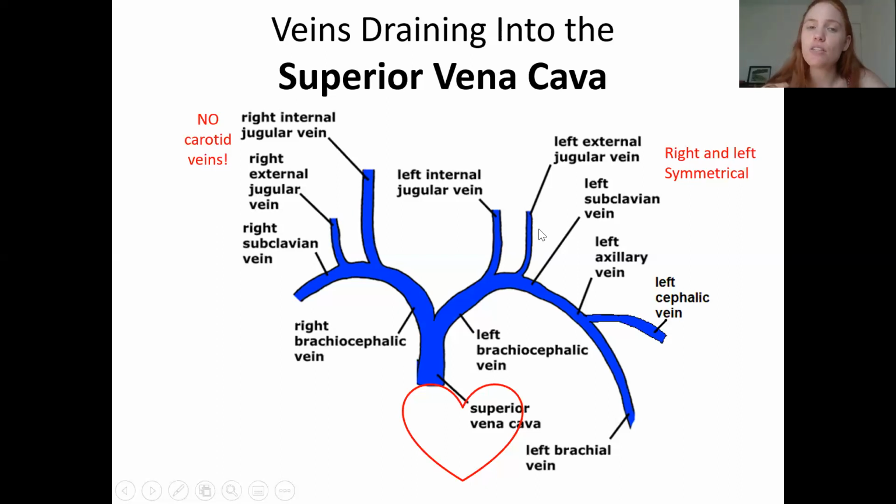For humans, the internal jugular vein is much, much bigger than the external jugular vein. The blood vessel running right here along the neck is going to be the internal jugular vein, whereas the external jugular vein is much smaller and harder to find. So if you ever see one on a picture or a model, the big one is definitely going to be the internal jugular vein.